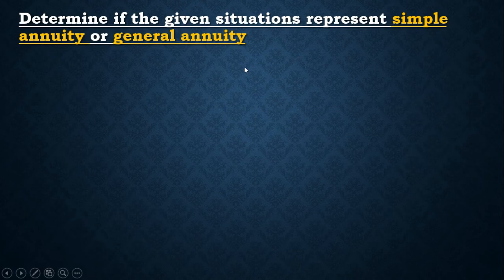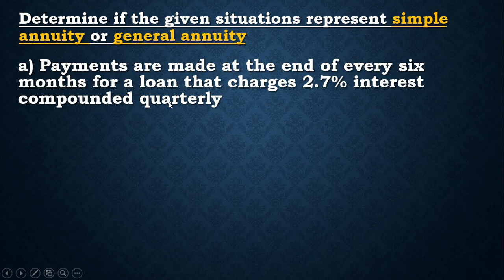Determine if the given situations represent simple annuity or general annuity. Letter A: Payments are made at the end of every 6 months for a loan that charges 2.7% interest compounded quarterly. So sa letter A, we do have the payment interval, which is every 6 months daw ang pagbabayad sa loan.